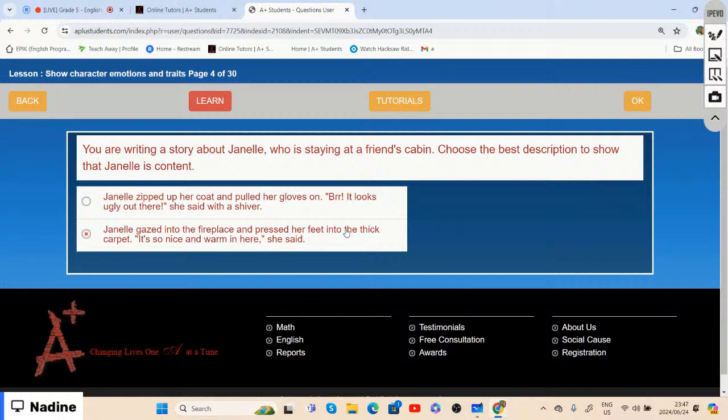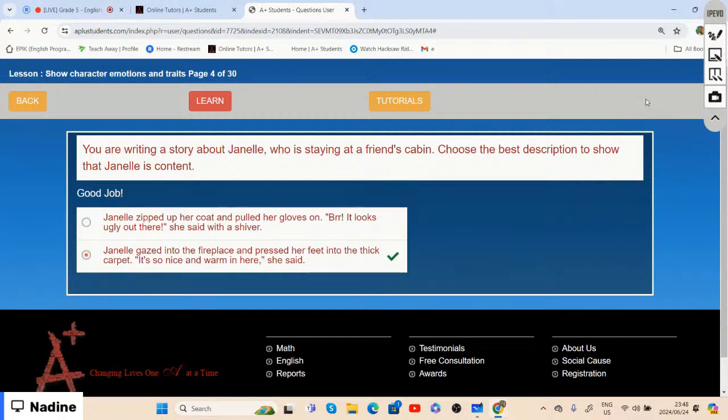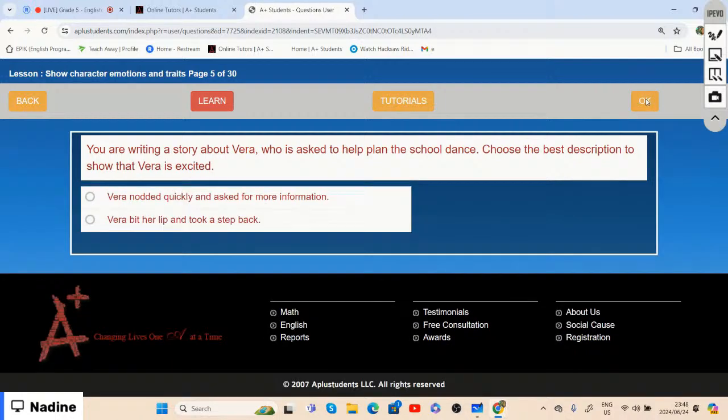Yes, and it shows that she's grateful for what she has, right? And it also makes her feel at home, right? She's comfortable, she's at home, she's feeling warm, right? She's not complaining, right? And also the fact that she appreciates getting the place, right? So option two is correct.